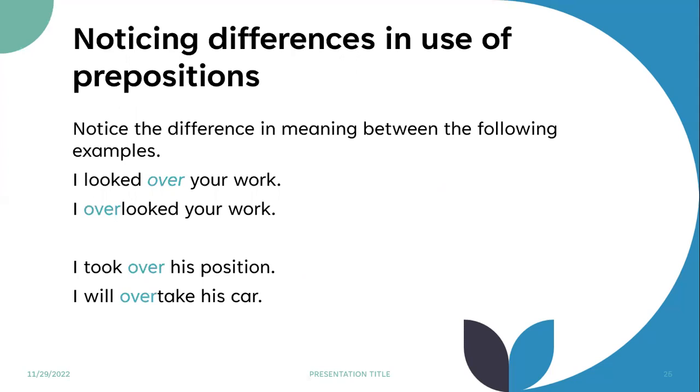Obviously we know that "look over" means that they reviewed it, they read it for themselves, they took note of strengths and weaknesses, etc. "Overlooked," on the other hand, means that they probably ignored it, they did not get to read it for themselves, they skipped over it, etc. Then we have "I took over his position" versus "I will overtake his car."